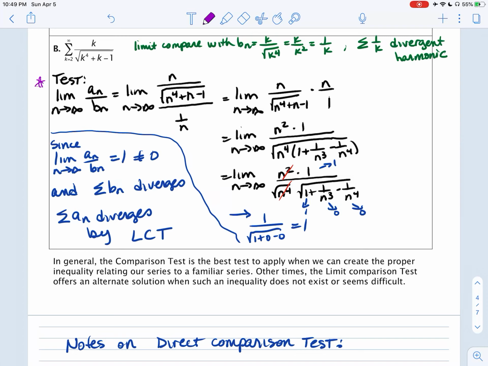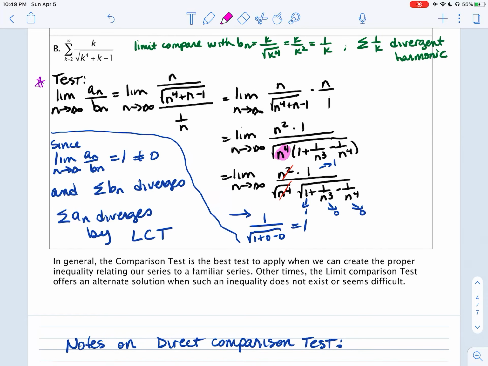So that does go to infinity over infinity, but I would not use L'Hopital's rule in calculating that limit. I would factor out the highest power of n, and the highest power in the numerator and the denominator is actually n squared. So in order to pull n squared out of that radical, I need to factor out n to the fourth. So that's what I do here underneath the radical first.